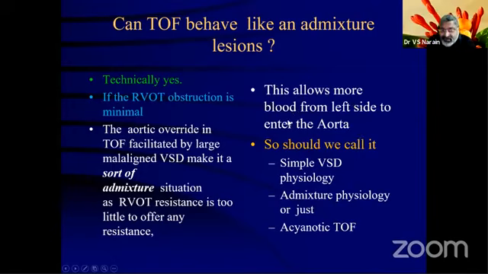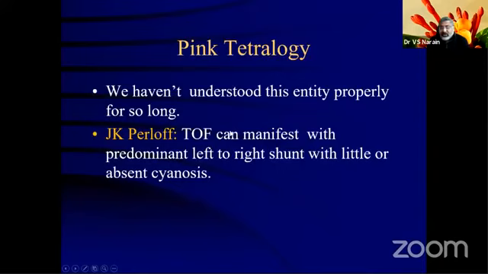And this tetralogy of Fallot with minimal pulmonic stenosis or RV outflow obstruction could be simply called a ventricular septal defect physiology, admixture physiology, or simply what we refer to as an acyanotic tetralogy or the pink tetralogy. So pink tetralogy is something which has not been very well understood.